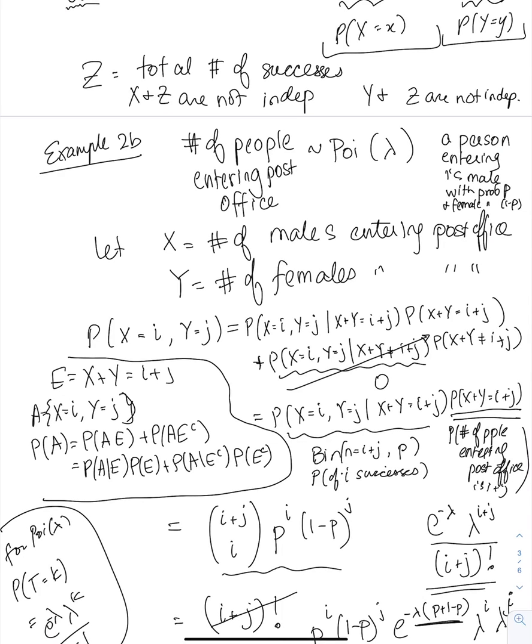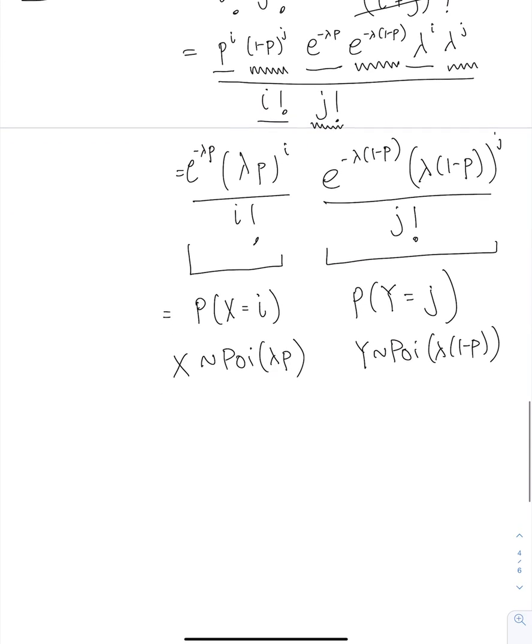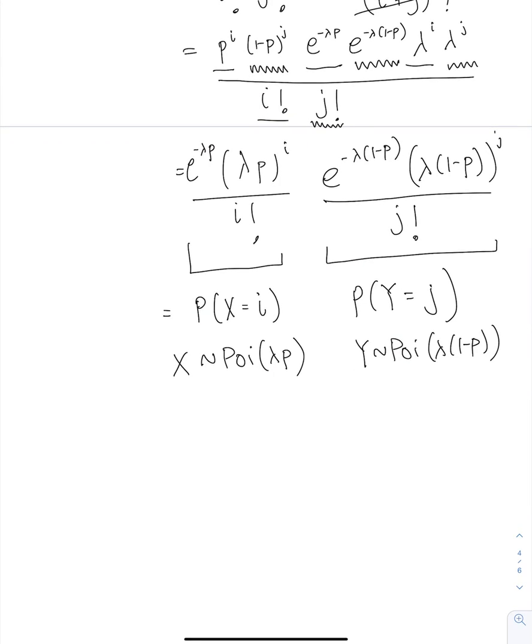If you have, jointly, a Poisson random variable and each individual success or occurrence is a certain type with a certain probability, then if you're just concentrating on the number of successes, even that will be Poisson. Okay, so that takes care of example 2b.